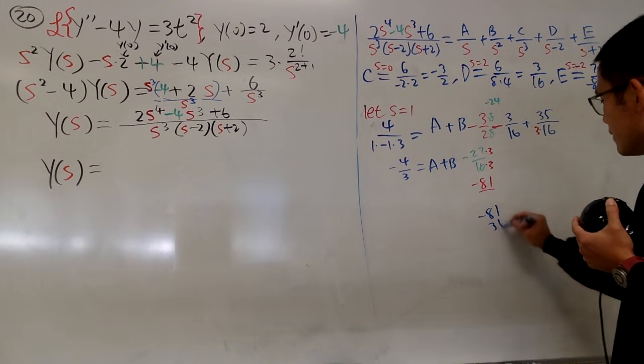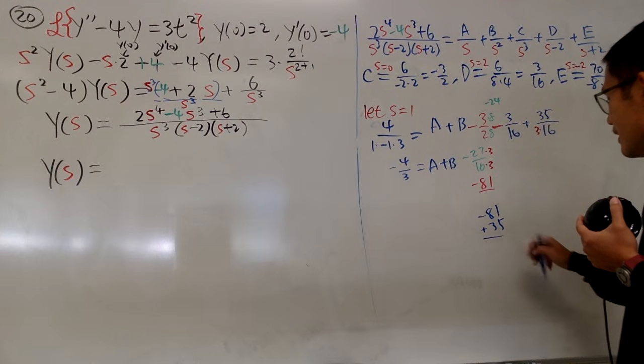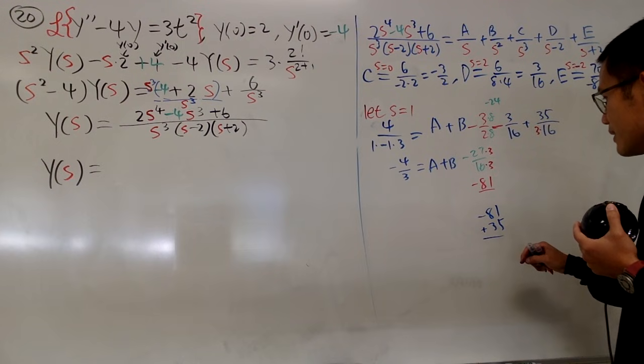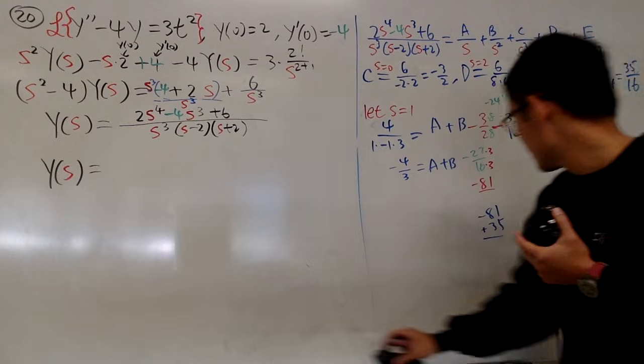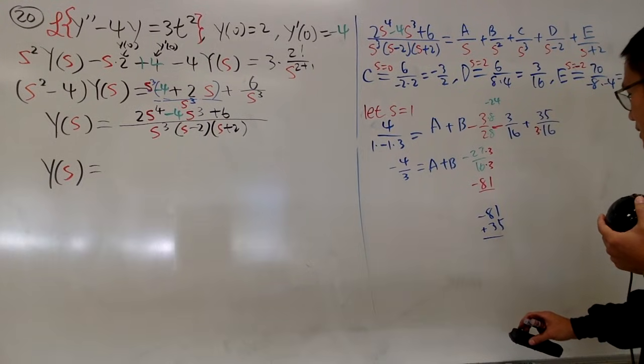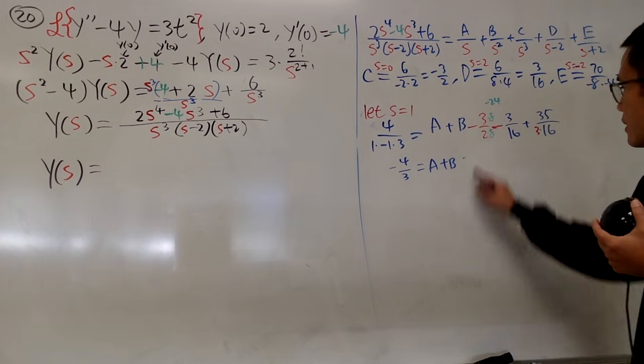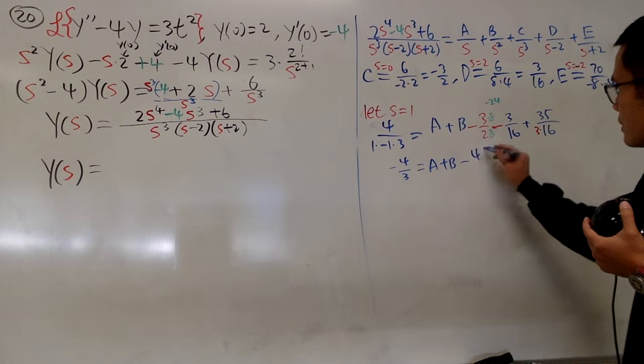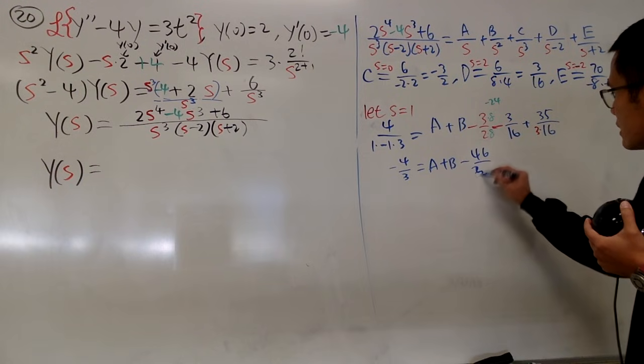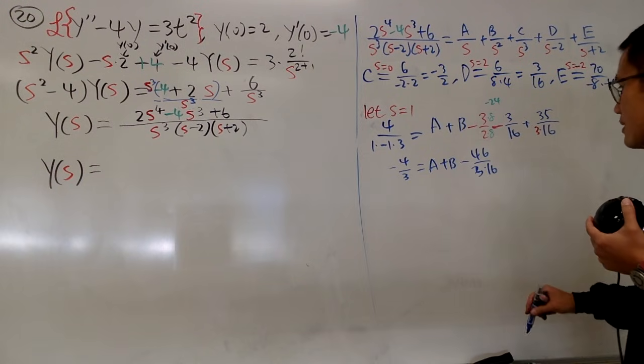Negative 81 plus 35. Man. 46. No. Yes. Negative 46. So it's negative 46 over 3 times 16. God, this is just not fun to do.